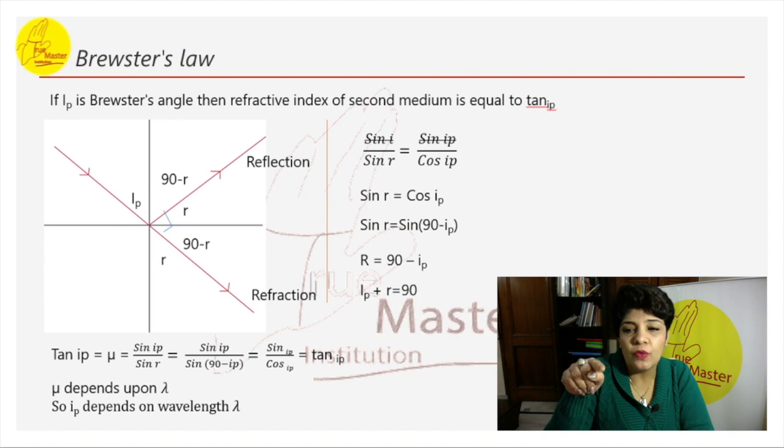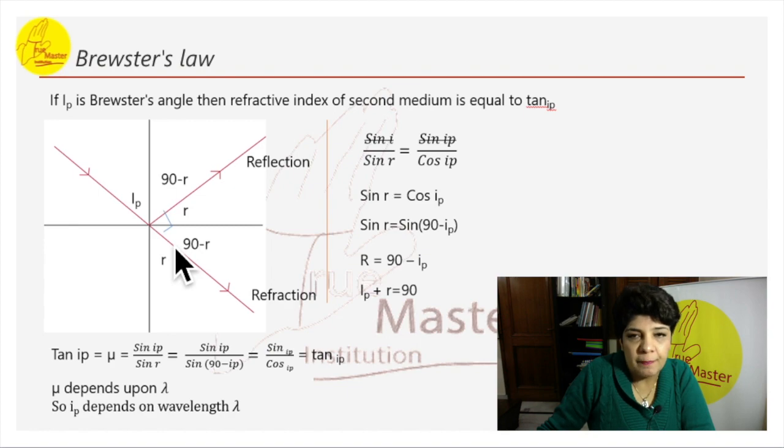It is moving in only one direction. This is a completely polarized light that is coming out from here. At the polarizing angle, the reflected and transmitted rays are perpendicular to each other. This is the reflected and this is the refracted. So the angle between these two is 90 degrees.